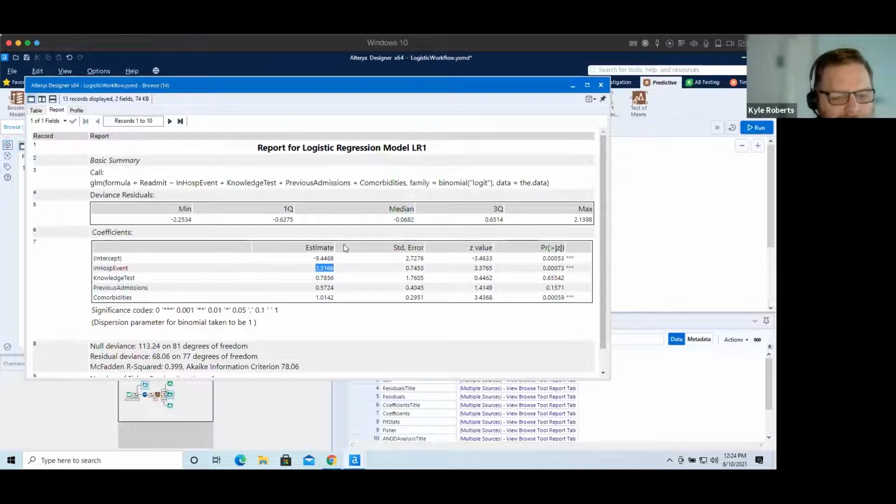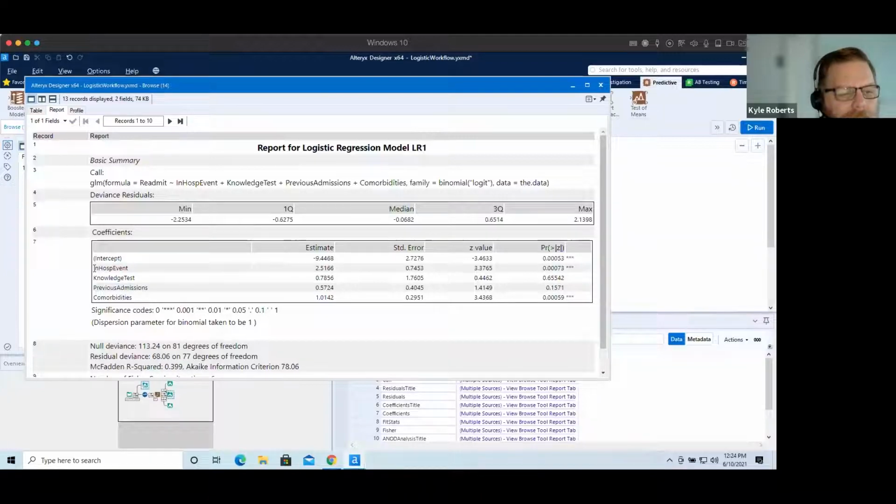Okay, so we're looking at that standard error, which then derives that z value. If we look at the probability of z, this is your p-value right there, and we really care about whatever our criterion is. Let's say it's 0.05. Anything below 0.05 means this is a statistically significant predictor of whether or not that person is going to be readmitted.